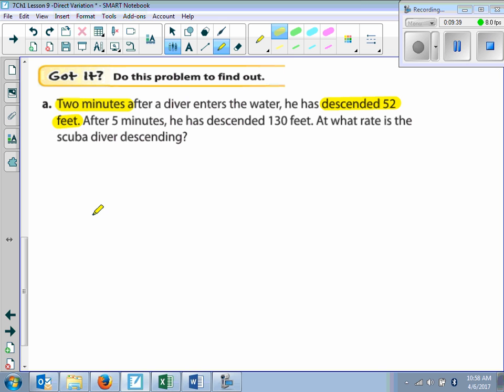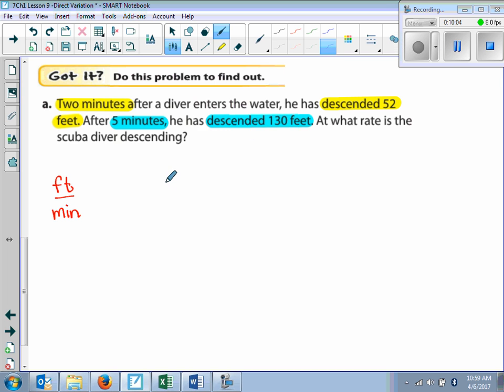The second rate says after 5 minutes, he descended 130 feet. We're going to write our rates in feet per minute and then compare them.